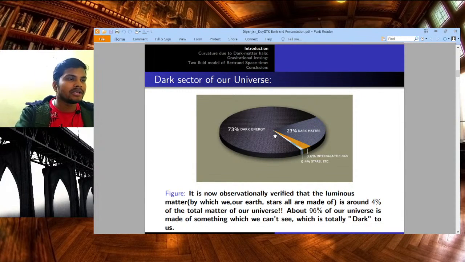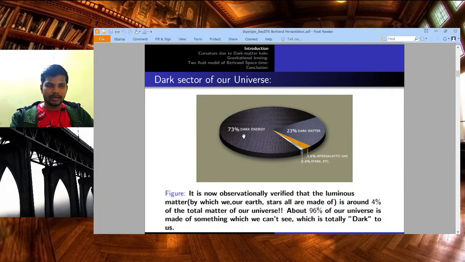Why dark energy? Because it is some kind of fluid which exhibits negative pressure, and this negative pressure is not attracting objects, it is expanding them. It is a repulsive force, like north pole repelling north pole, or a negative charge repelling a negative charge.